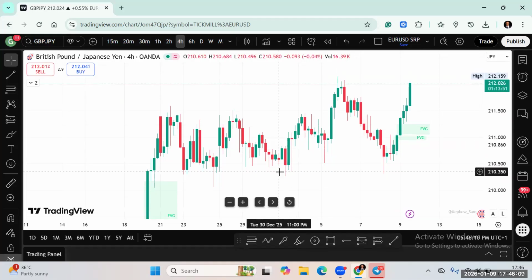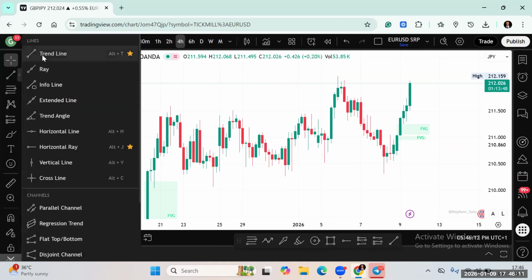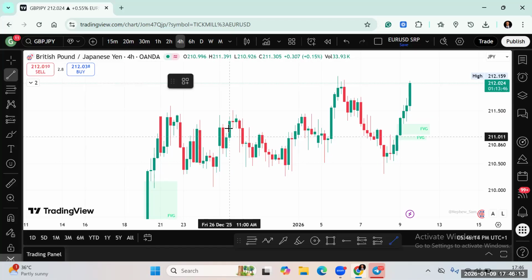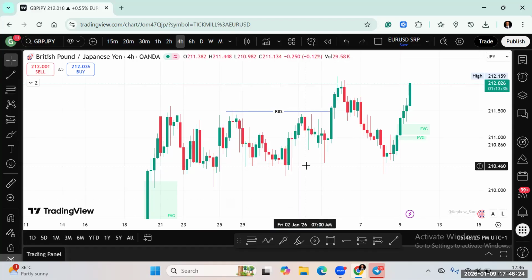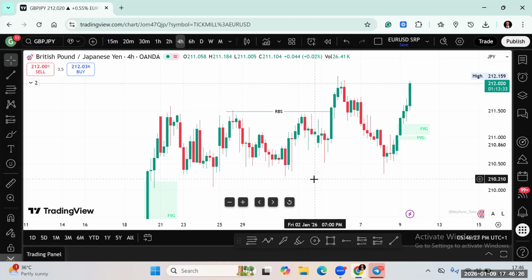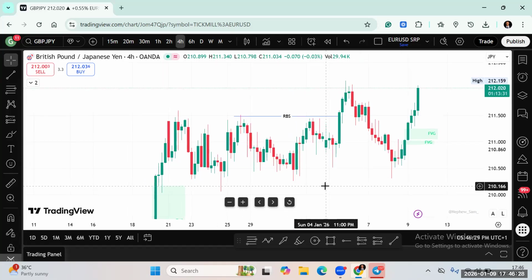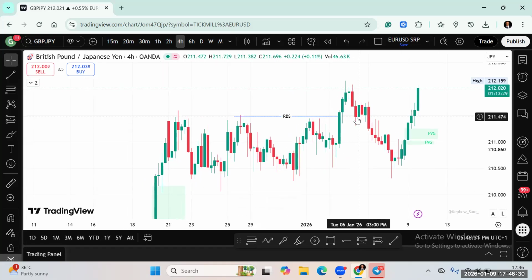He did a sweep here, did a break of structure here. RBS. And this is even why some people call it a breaker block, but not in that way, because with a breaker block, some people are waiting for a test, for you to retest here. And it did, he bought briefly, but this is not.